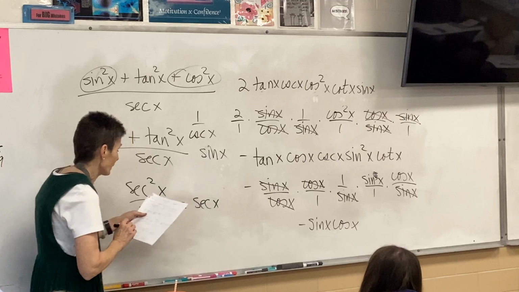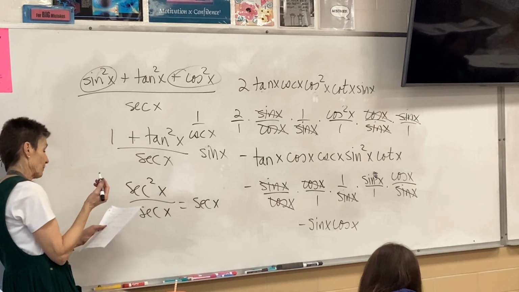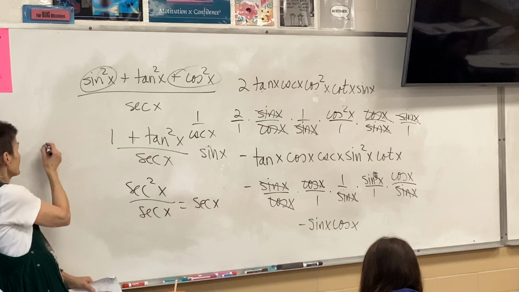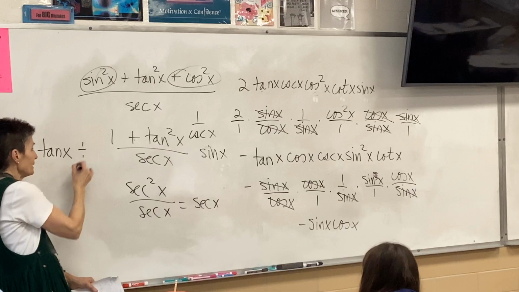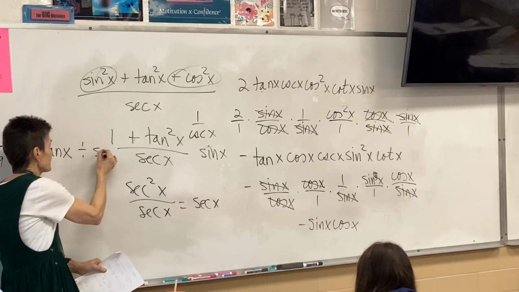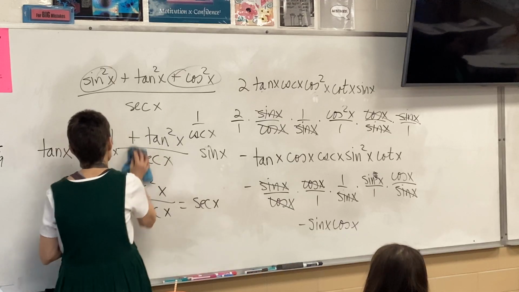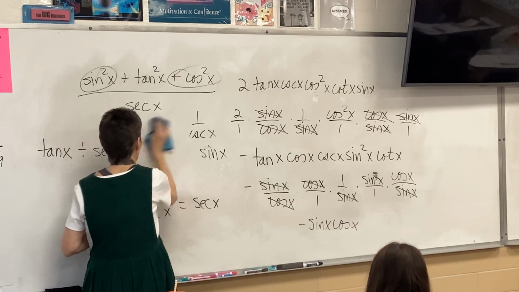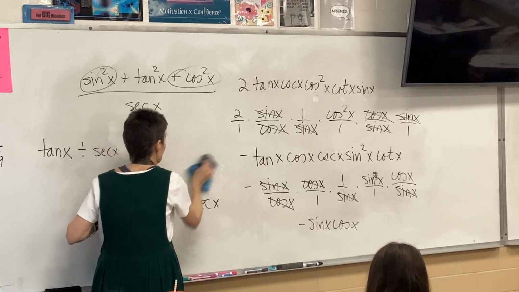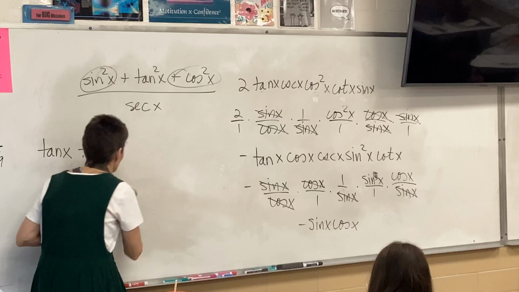All right, let's look quickly at number 2. If we get through all these, you don't have to turn it in. Number 2 says tangent divided by secant. What is tangent?